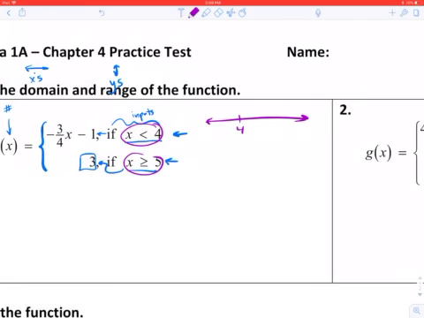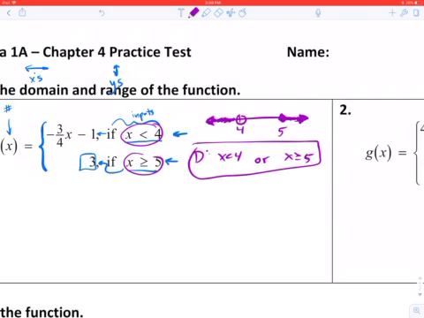If it even helps, I can make a number line, and there would be an open circle at 4 and a closed circle at 5, and I would shade to the left of the 4 and to the right of the 5. So there's no overlap. I have to do an or situation, so x is less than 4 or x is greater than or equal to 5.